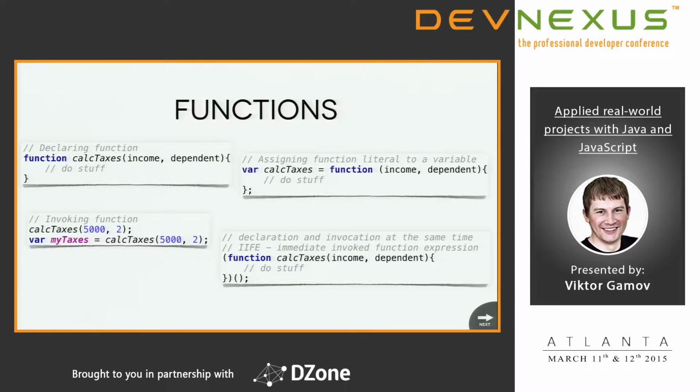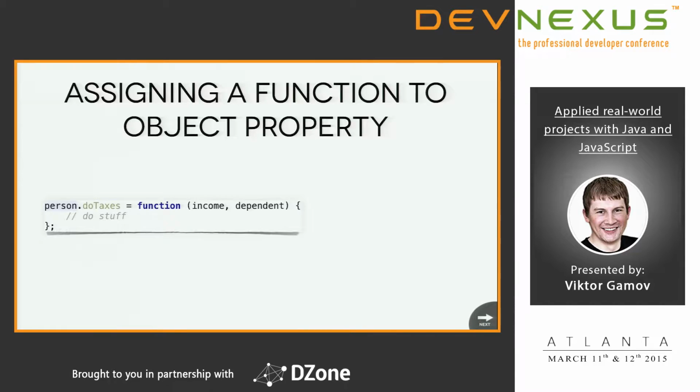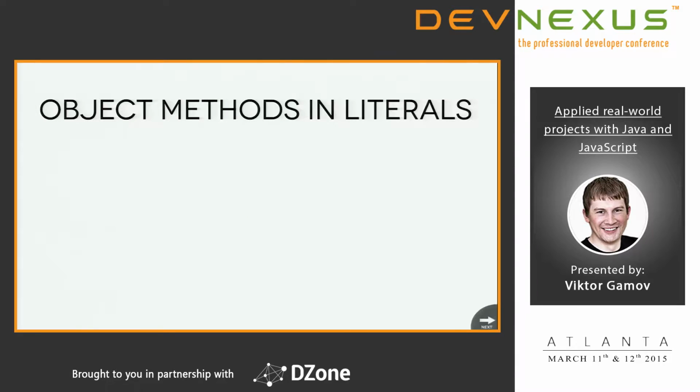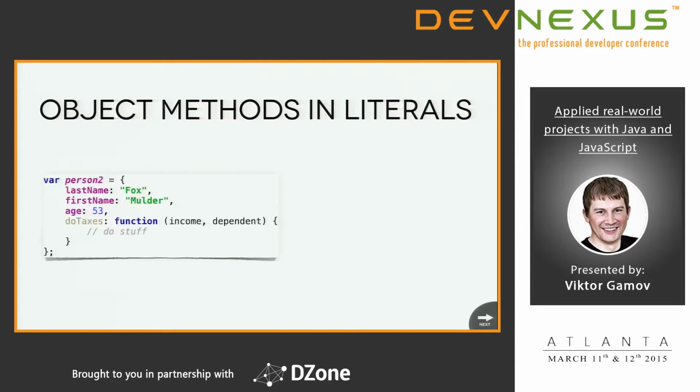It's called an immediately invoked function expression. A function can also be assigned to a property of an object, so objects can contain function literals.